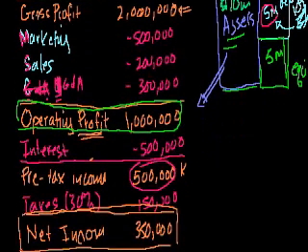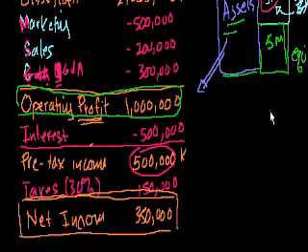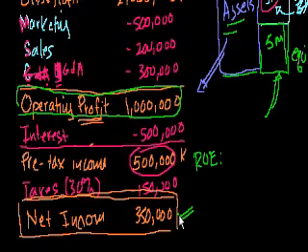Now we can do another notion, and that's return on equity. And for return on equity, the numerator is the net income that we got, $350,000. And the denominator here is the equity, the book value of our equity. So that's $5 million.